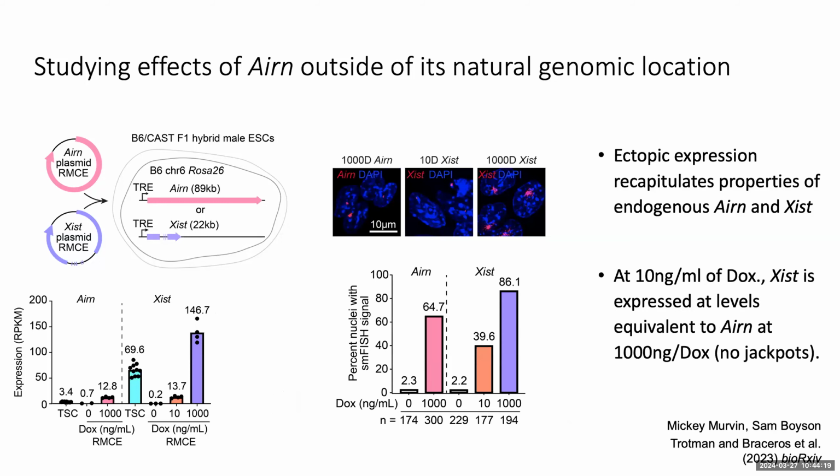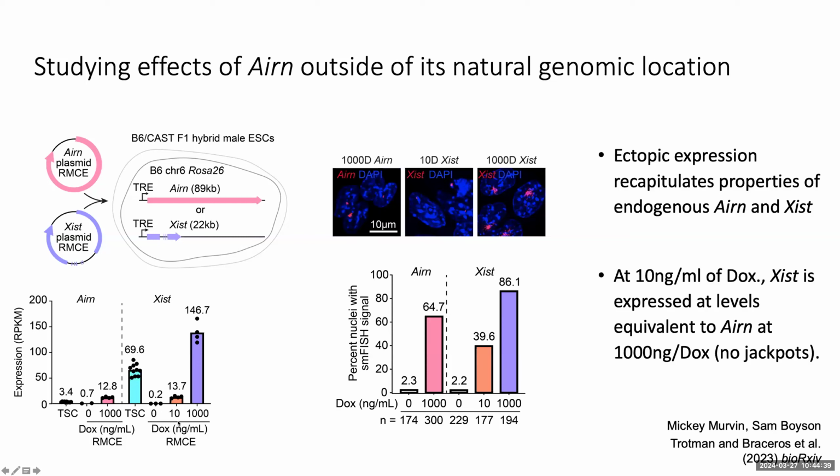I also want to point out before moving on that we're also able to toggle the expression of lncRNAs in this setting, at least to a certain extent. So we're inducing the expression of these RNAs by adding doxycycline.